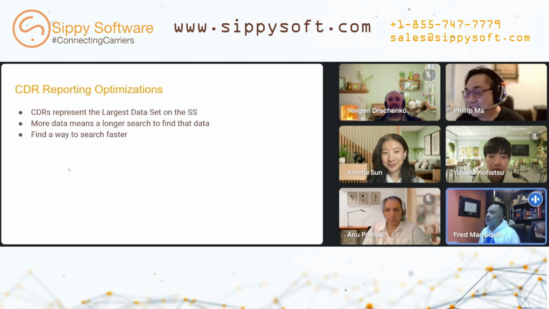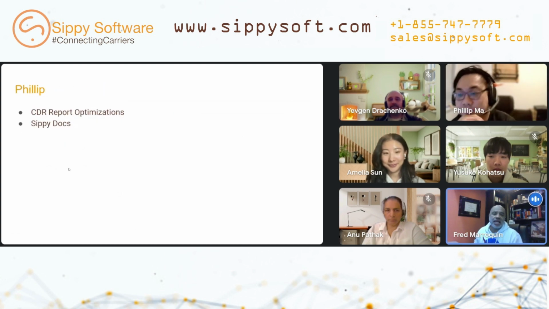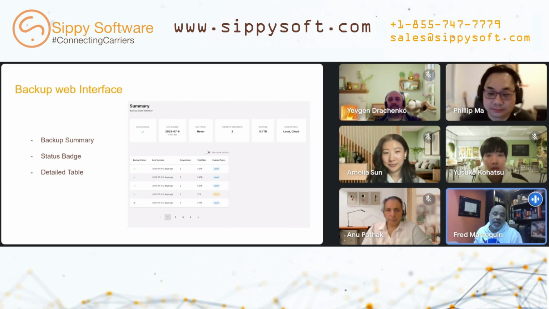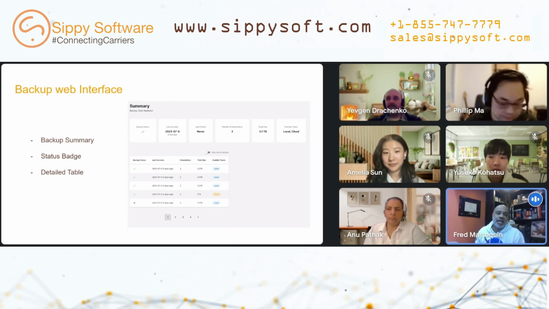Thank you, Philip. So with both Amelia's presentation and Yuska's presentation, you can see that on the side of making, in some cases, just minor tweaks to help the system be more user friendly and to have the functionality that lets users modify certain changes, like how often you get your backups or visibility for those backups and the result of backups, it is something that we consider very important, and is part of our continuous improvement process here at Sippy.